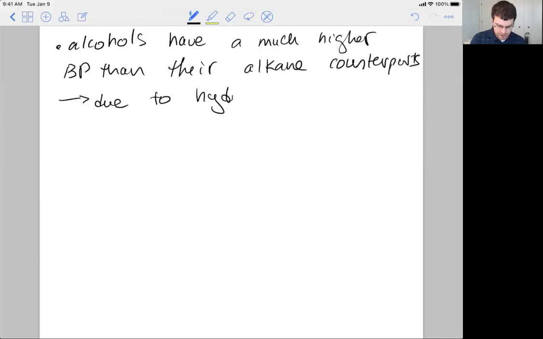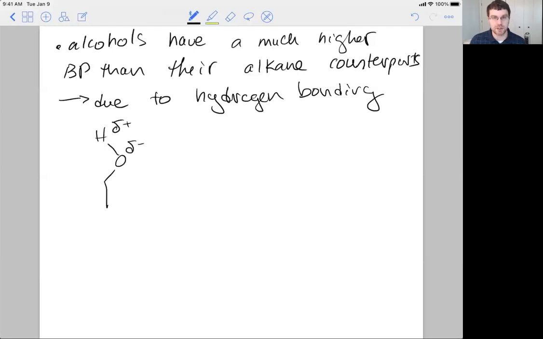We've talked about hydrogen bonding before, but what is hydrogen bonding? Well, it's when you have an acidic hydrogen atom that's attached to a non-carbon element, so there's generally a difference in electronegativity, unless it's attached to itself.